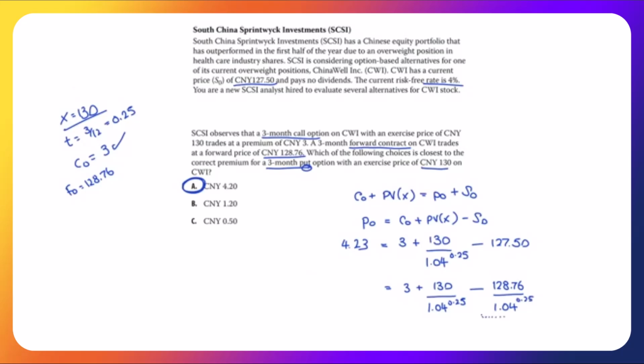Just calculate that term: 128.76 divided by 1.04 to the power 0.25. Lo and behold, it's 127.50. You're going to get the same answer. So no need to go via the forward. I guess it's a nice demonstration of how to derive the put-call parity formula using a forward contract. But either way, 4.23 closest to A.